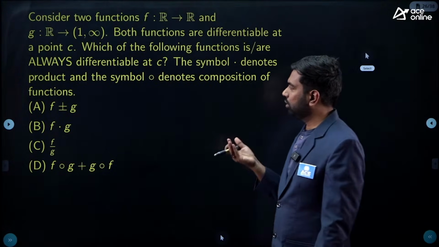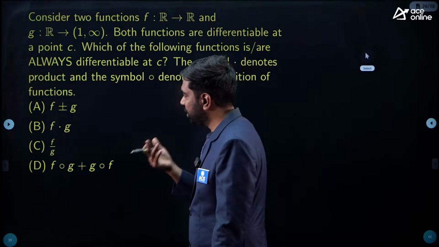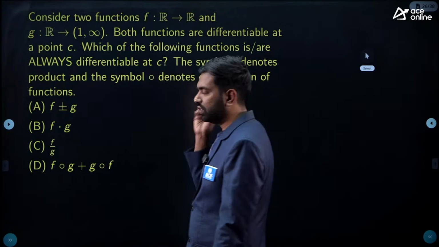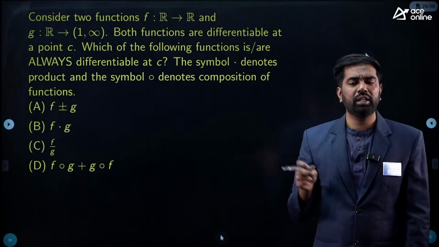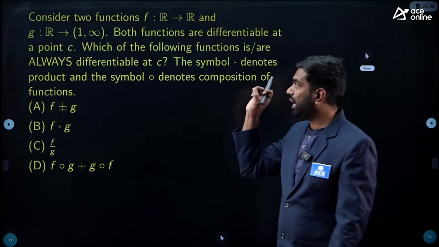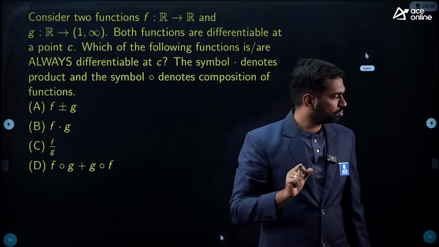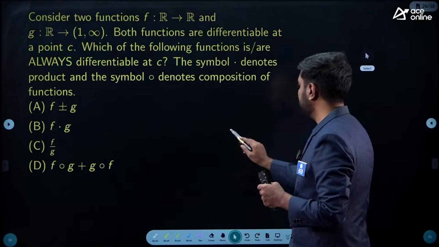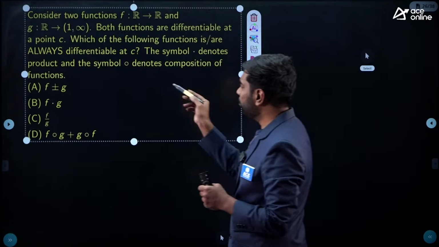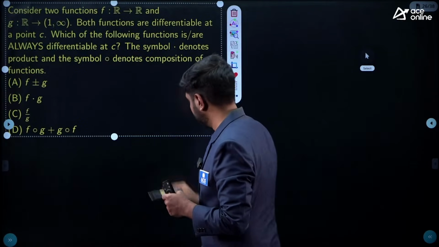Now you have to pick which are those options in which the function is differentiable at c. They gave us the information that f and g are both differentiable at c. So how do you handle this? Certain options are straightforward.